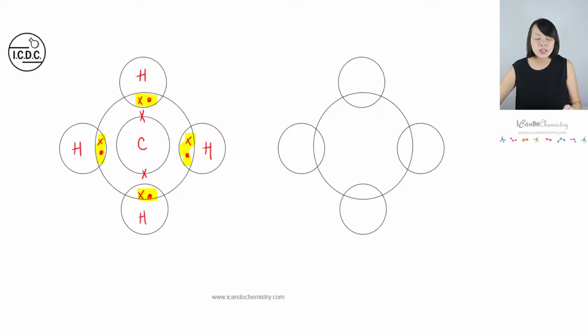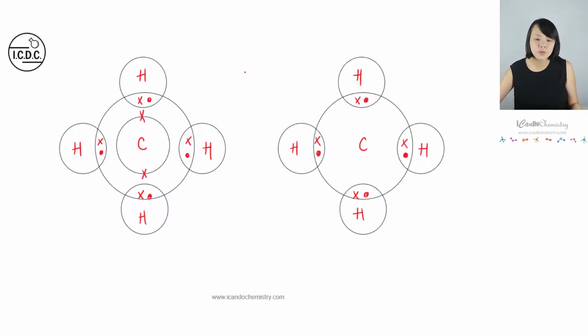For hydrogen, each of them has 2 electrons in the outermost shell after sharing, so each of them has attained the electronic configuration that they want. So this is the correct dot and cross diagram that you should draw. Again, if the question asks you to only show the outermost electrons, what you will need to draw is this. We actually omit the first shell of carbon.